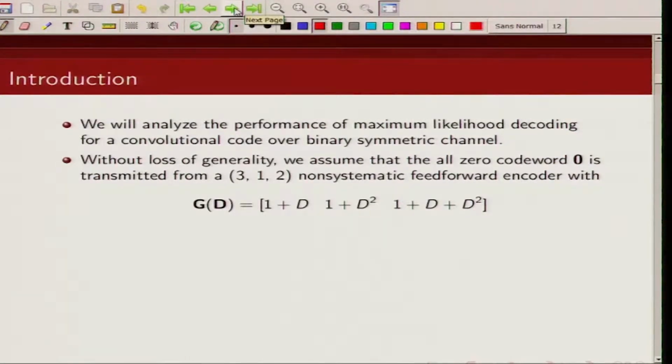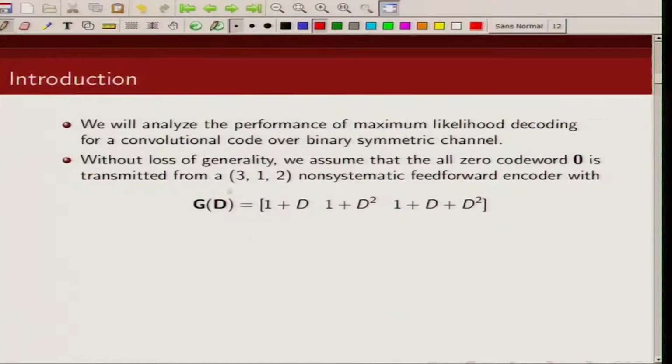So, as an example we will consider one particular convolutional code. In this case we are considering a rate 1 by 3 convolutional code which has memory 2. So, it is a 4 state convolutional code whose generator matrix is given by these generators: 1 plus D, 1 plus D square, 1 plus D square.